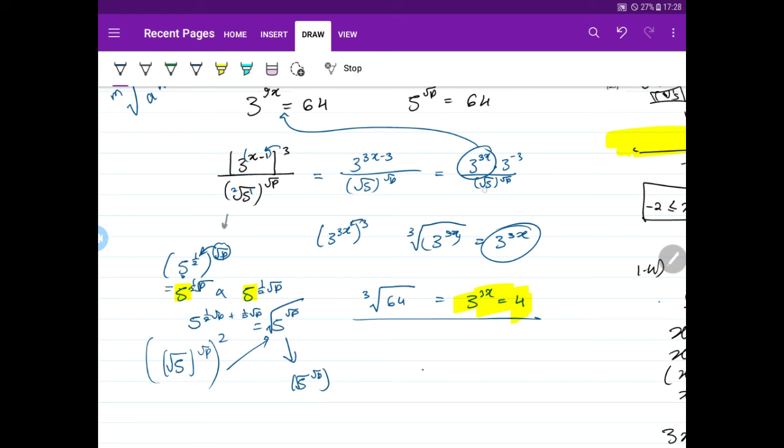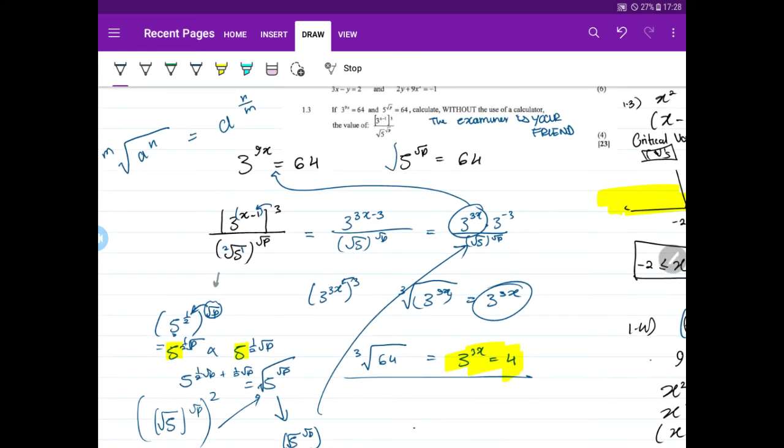We're linking it back to what they gave us here. Root 5 to the root p. So remember, we took the square root of this. The square root of this is equal to the square root of 64, which is equal to 8, which equals what they gave us, which was root 5 to the root p. Following? Therefore, this must equal that.